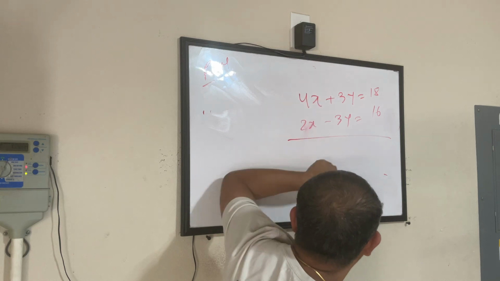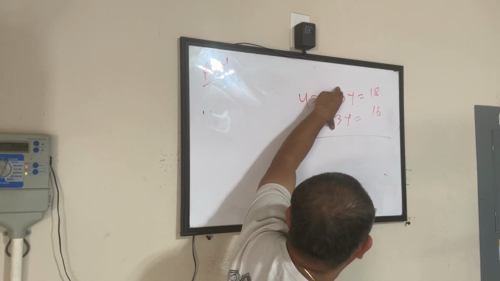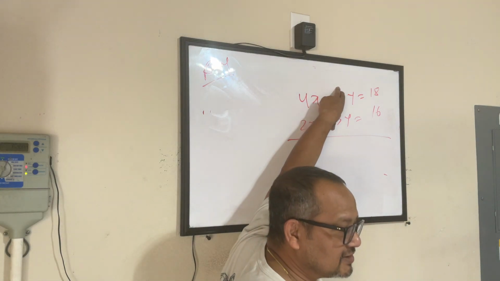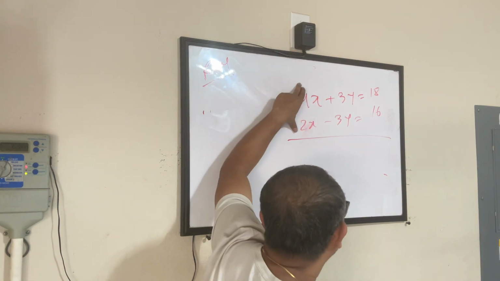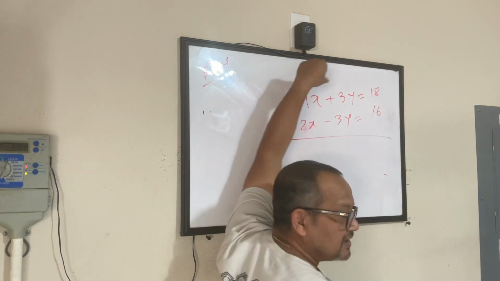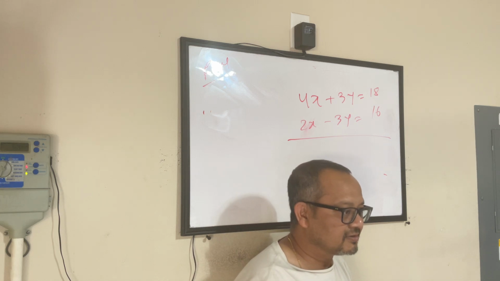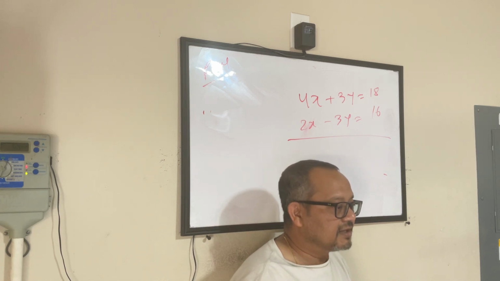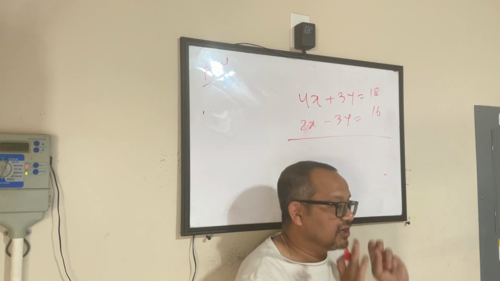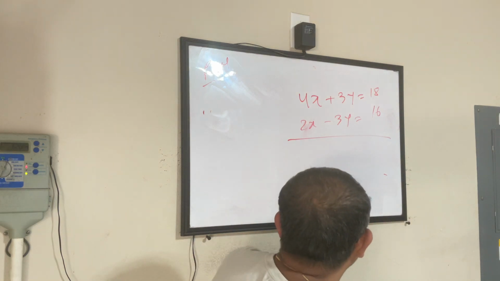When I add the whole equation, these two can kill each other. Then I'll be only left with x and some constants. That is method of elimination. So let's park method of elimination for a little bit.